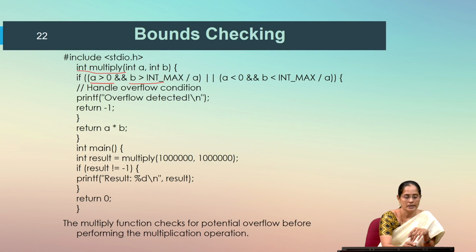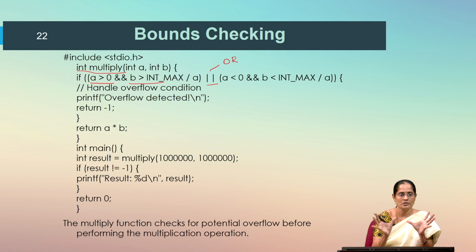So, a should be greater than 0 and b should be greater than INT_MAX by a, or the other condition, this is an OR operation, can be a less than 0 and b should be less than the maximum range. By checking the boundaries of the ranges, if it is satisfied, and we go ahead with the operations, then we can successfully avoid the overflow. So, overflow can be detected by checking the bounds of the variables.